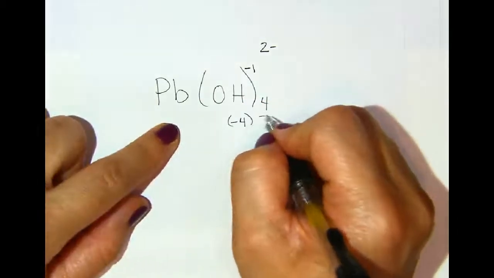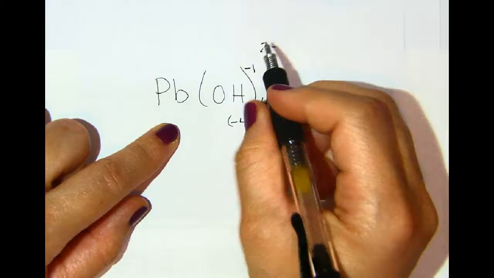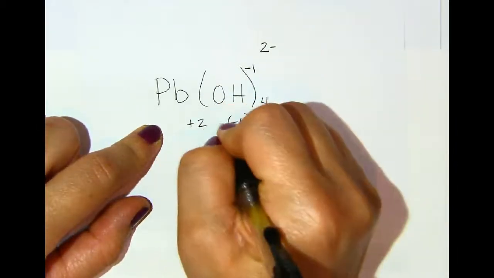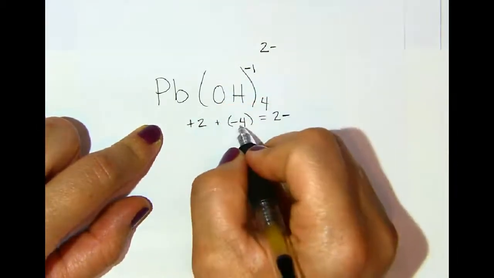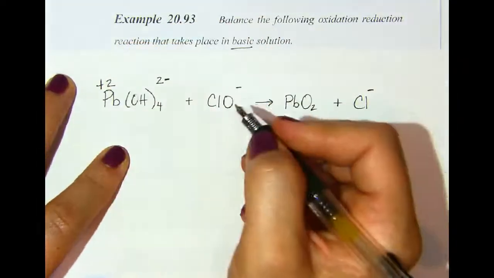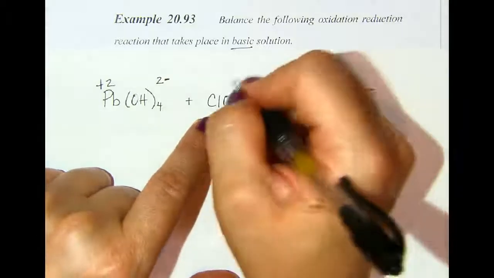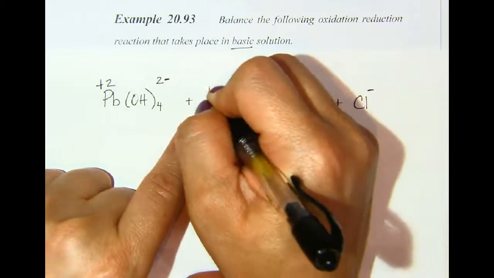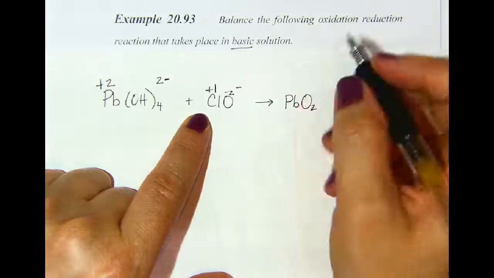And so in order for this to equal the 2 negative charge overall, this lead must be a +2, because +2 combined with -4 equals -2. And so I'm going to give this lead a +2 charge. Here, oxygen is a -2, and to be an overall -1, this will have to be a +1.